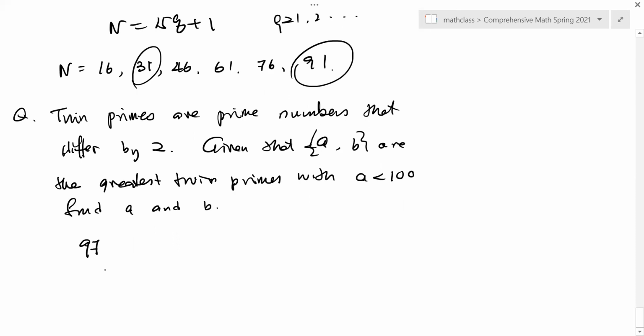So 97 is a prime number. Then what is the next one? 95, 94, 91, they're not prime numbers until 89. So there's a huge gap here. Then quickly search: the next one will be 83, then 79, then 73, and then 71. Okay, we found it. So this is a twin prime pair.